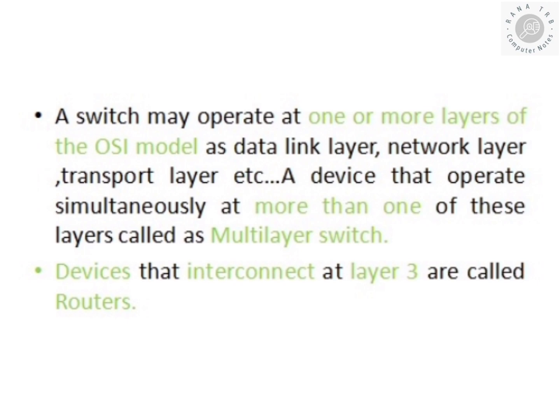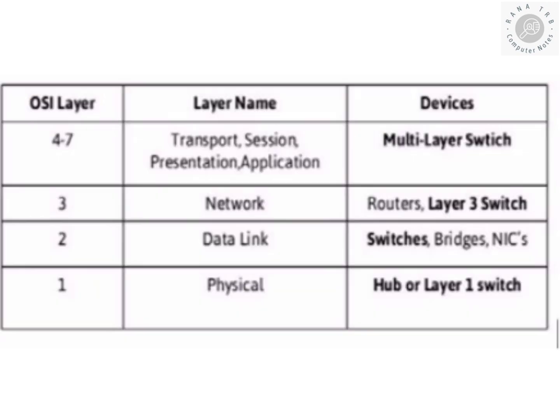Here, the device that interconnects at layer 3 is said to be a router. In this, we are going to see what devices are used in the different layers of the OSI model. In layer 1, the physical layer, we use the hub, or it can be called a layer 1 switch. In OSI layer 2, the data link layer, we use the switch, that is a bridge or NICs.